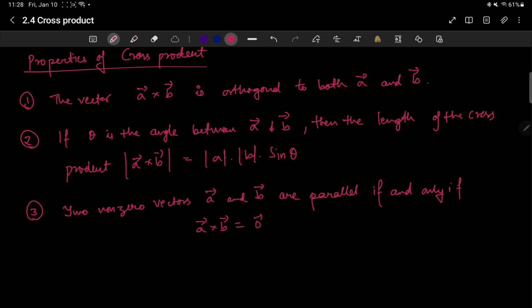So we have results similar to the dot product, where dot product being 0 means that the vectors are orthogonal, and here the cross product being 0 means that the vectors are parallel. Why is that? Well, sine theta is 0 when theta is 0. And an angle of 0 means they're parallel.